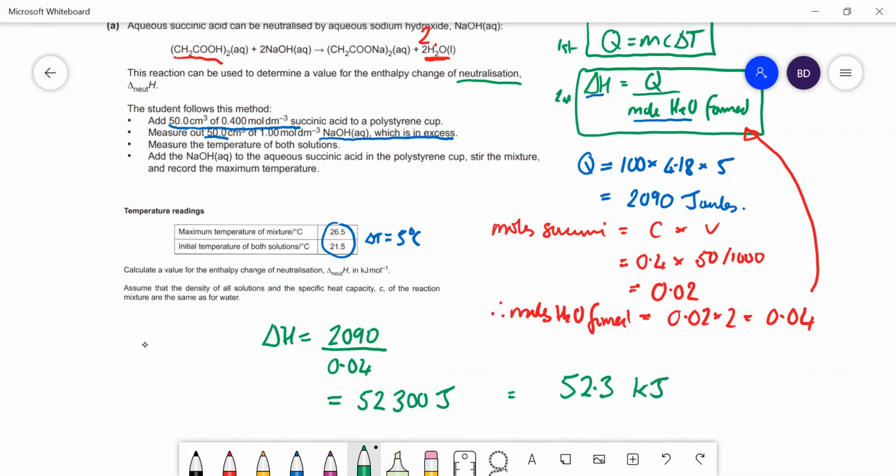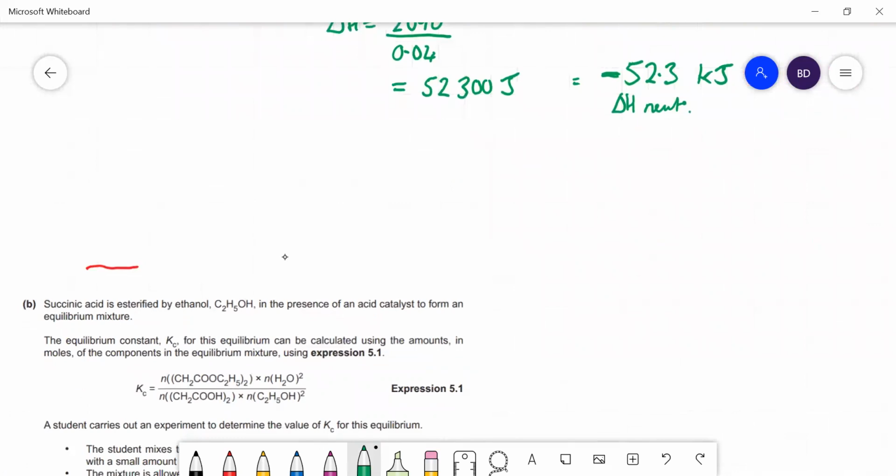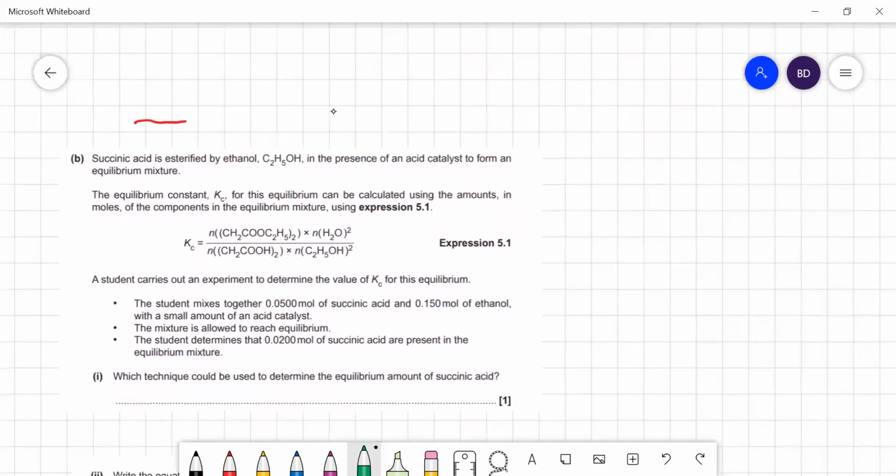And then I'm going to have to remember, of course, that the temperature has gone up. It's an exothermic reaction, so don't forget to put minus in there. I think if you don't, you'll lose a mark. So that is the enthalpy delta H neutralization, we've worked it out there: minus 52.3 kilojoules per mole of water. Okay, I think this is the final calculation.